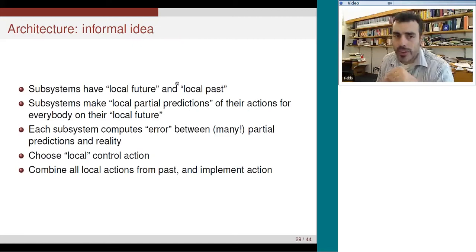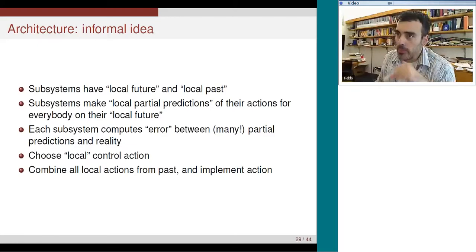So every time that I take a decision, I have to compute what the effect of my actions is going to be on everybody in my future. If I take an action that may affect Srinivas, I have to think about that. I have to simulate, if you want, in my mind, how my action is going to affect him. And not only that, I actually have to communicate to him that I'm doing this and that this may affect you in this particular way.